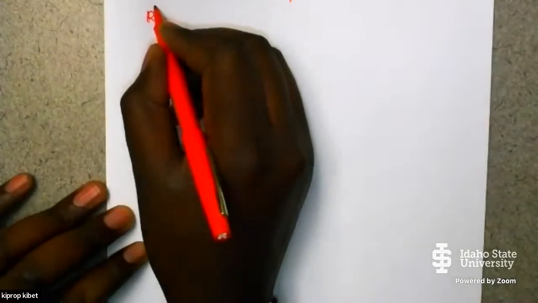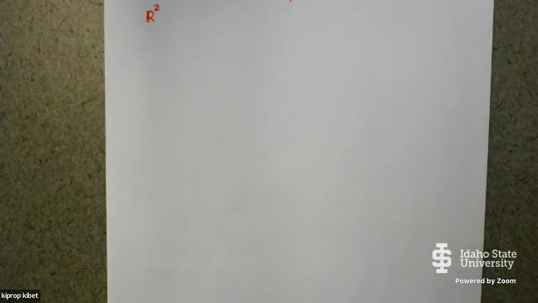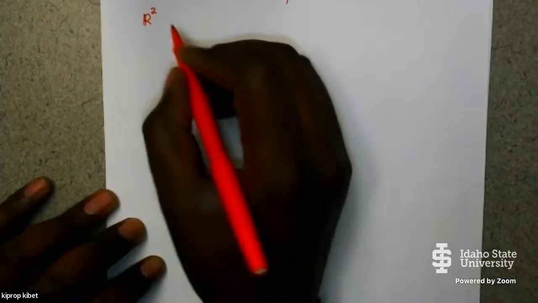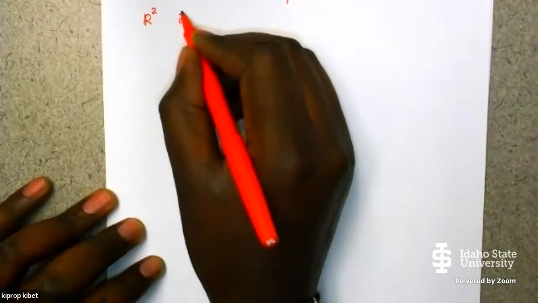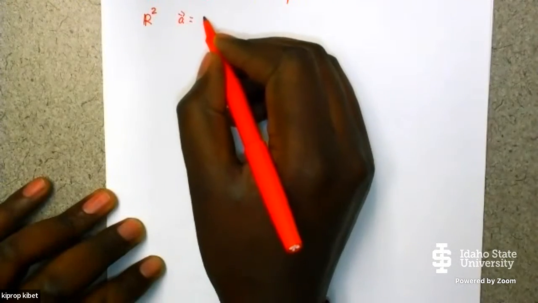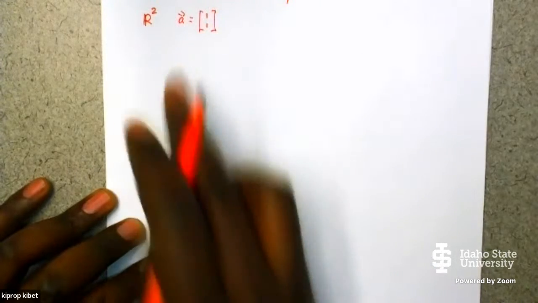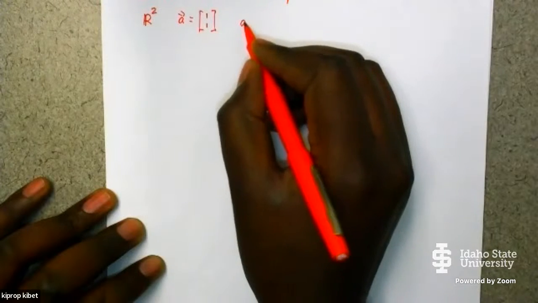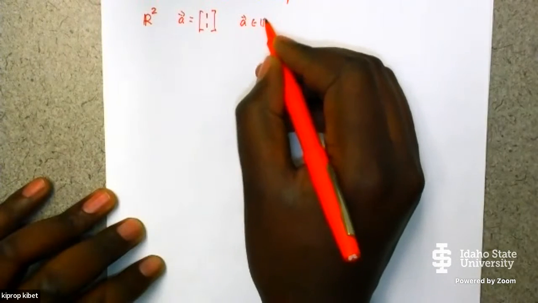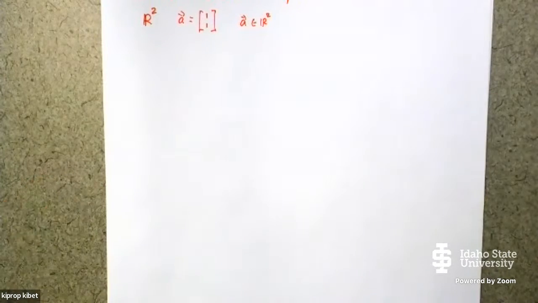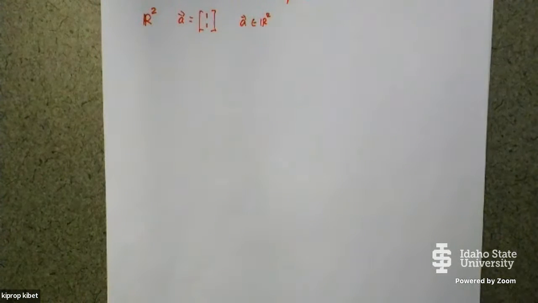Now, if we have two entries in a vector, for example, if the vector A is equal to 1 and 1, this vector A is an element of the real numbers, which has two entries, 1 and 1.